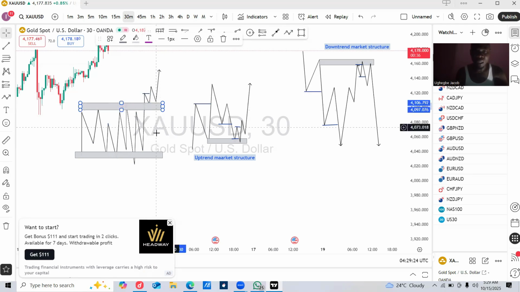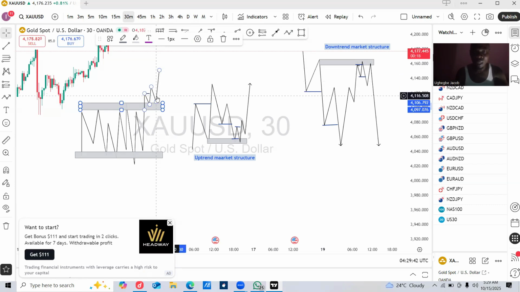It can return back, hit here and start to sell down. But if you allow it to break this high here and return back to this area, there's a tendency that the market will tap this area and push up.